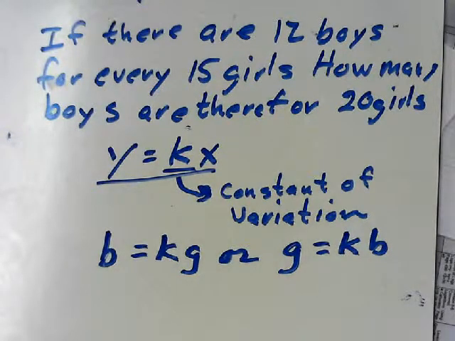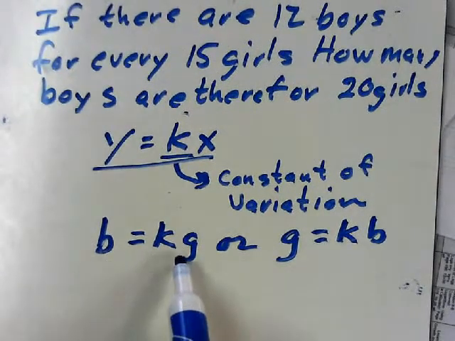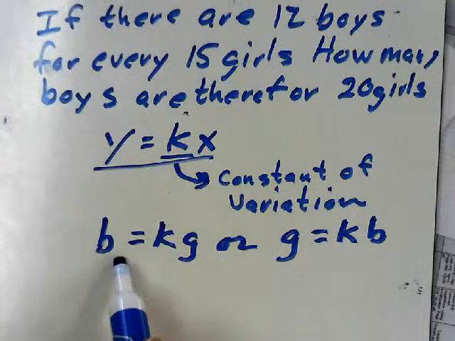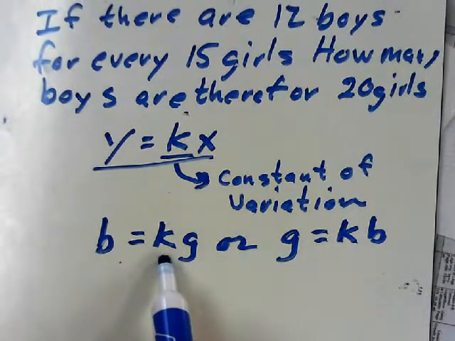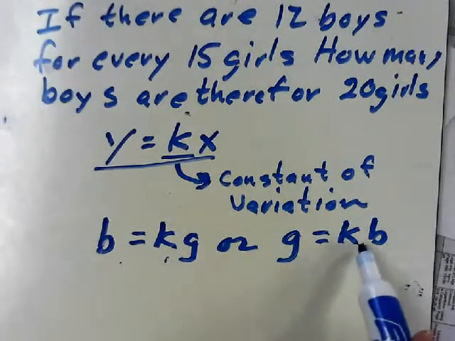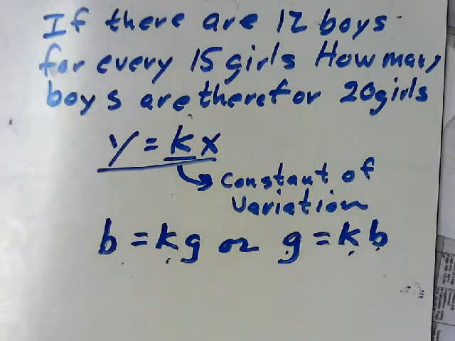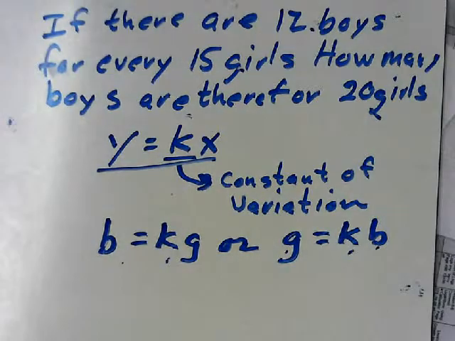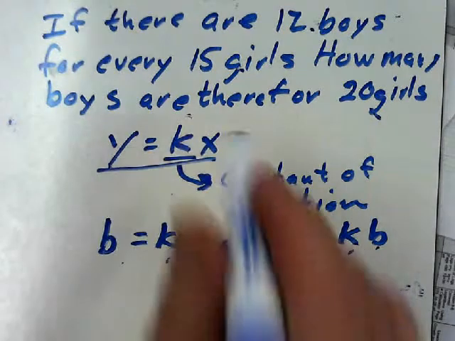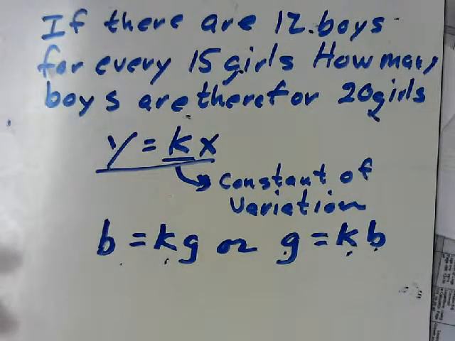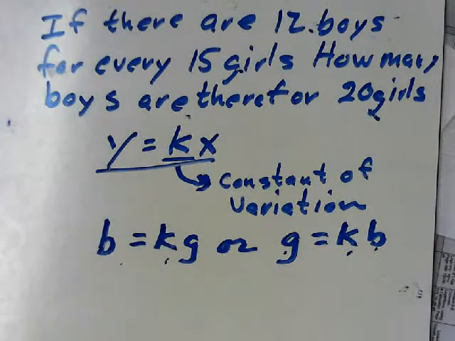What this is basically saying is, as the number of girls goes up, the number of boys goes up by this multiplier. Or, as the number of boys goes up, the number of girls goes up by this multiplier. I don't care which way you write it. I wrote it as B's and G's to reflect boys and girls from up here. You can even leave it as y equals kx, but then you have to remember which one was my y and which one is my x. So that's why I wrote B and G.